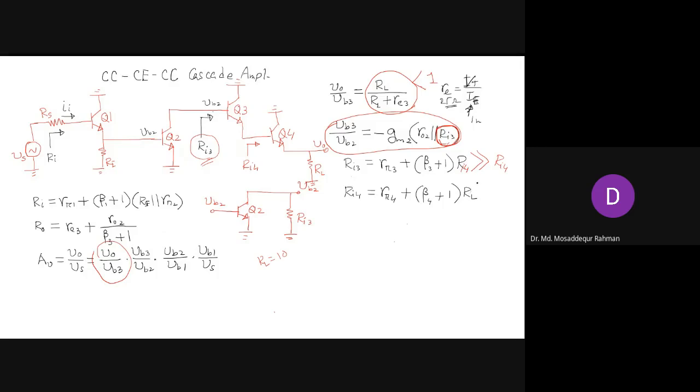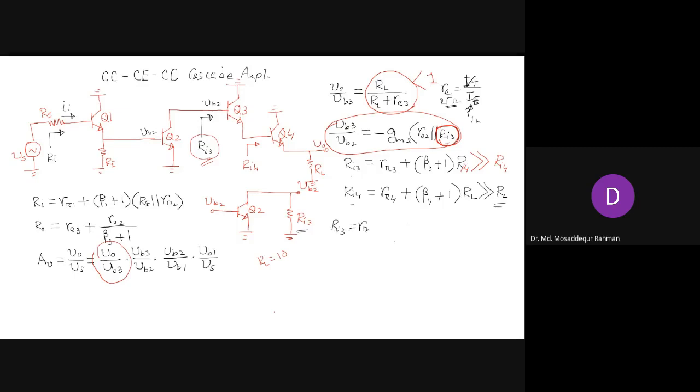And that is again much larger than RL, right? Because RL is getting multiplied by beta plus 1, so Ri4 is much greater than RL. Ri3 is much larger than RL. So the Ri3 now will be substantially larger than RL.